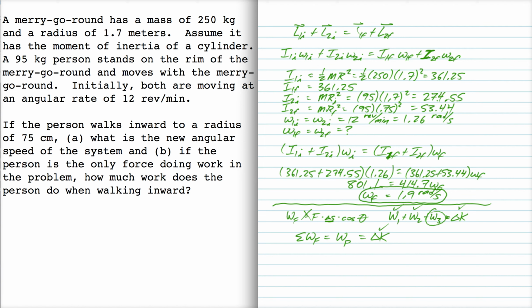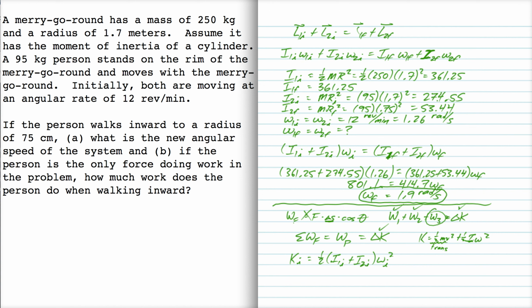So let's do that. The initial kinetic energy is, since they're both moving together, we can just write it like this: 1/2 I1 plus I2 omega I squared. Remember that the kinetic energy is written as 1/2 mv squared plus 1/2 I omega squared. But we only need the first part if it's translating.